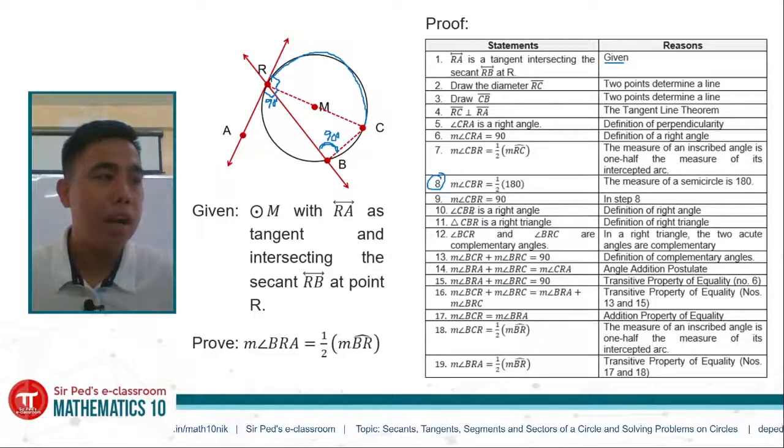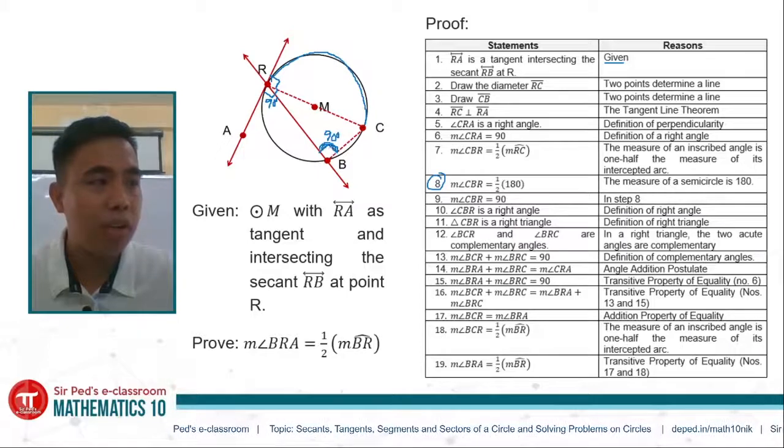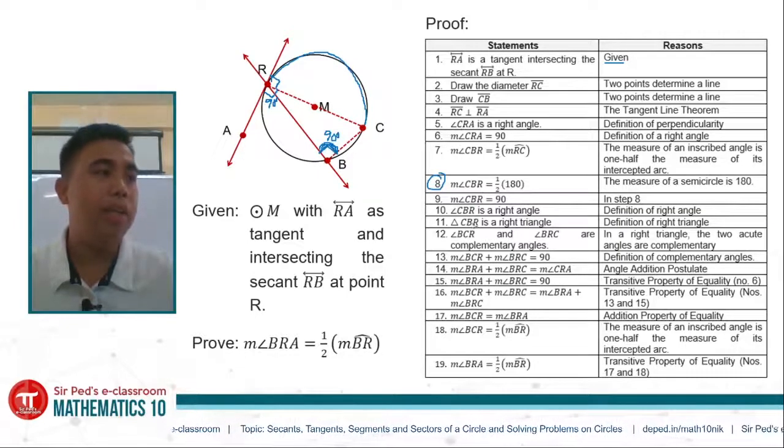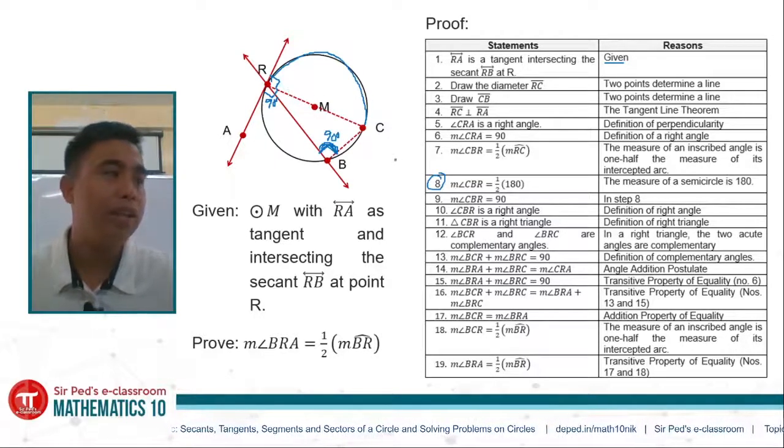Angle CBR is a right angle, since its measure is 90. Therefore triangle CBR is a right triangle.